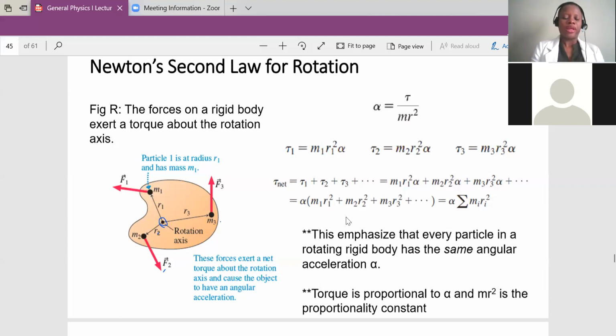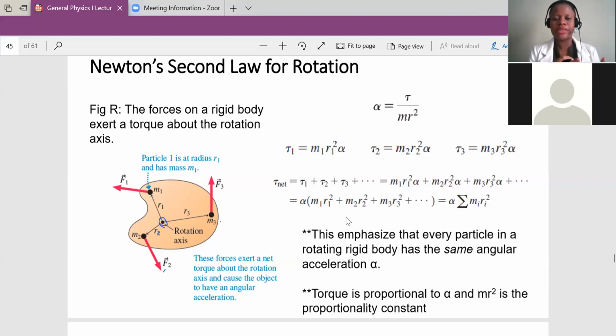Okay, so if we extend our understanding of net force, the net force of this system will actually be the force that will cause this object to rotate. So net force will be the summation of force 1, 2, and 3.